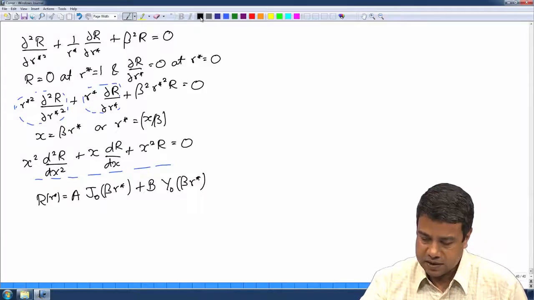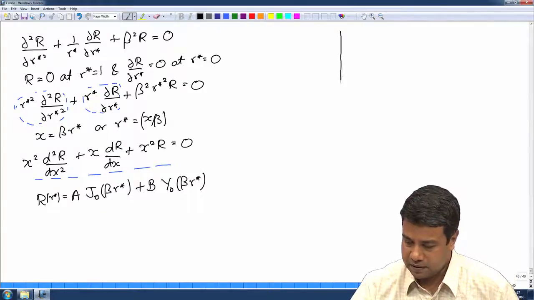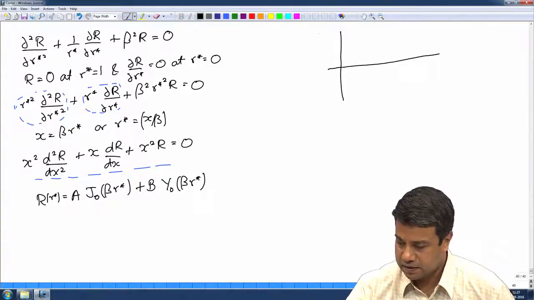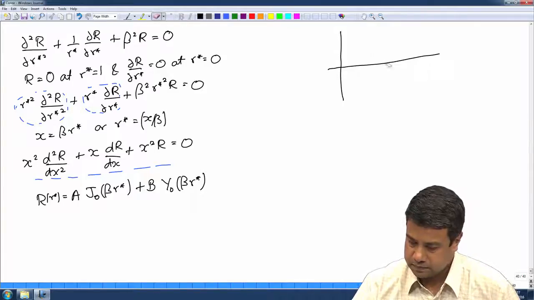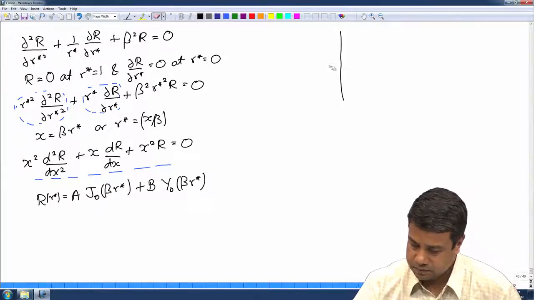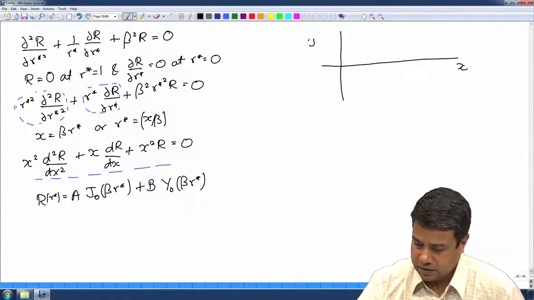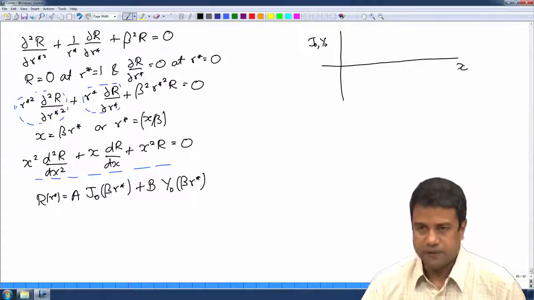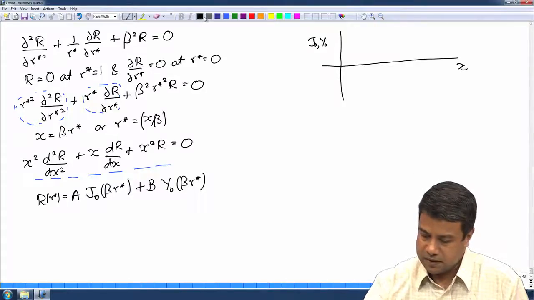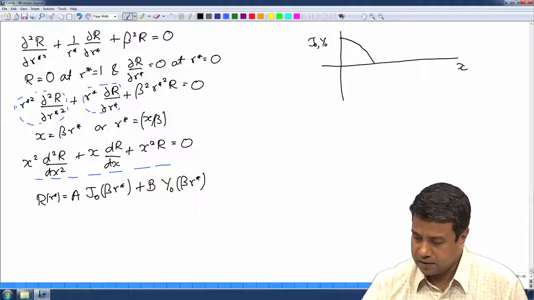And of course, these solutions can be plotted. For example, as a function of x, if I plot j 0 and y 0. J 0 actually has a 0 slope and then it goes through 0.